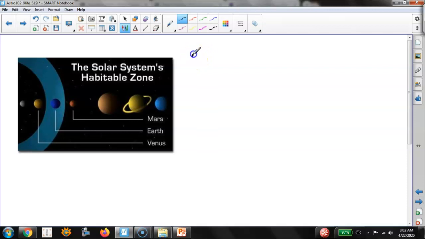Okay. The second one is we want the right temperature for liquid water. So even that stable circular orbit, that's about temperature too. You don't want big temperature changes over the year, but we also want the temperature to be just right. We want our planet to be in the habitable zone.